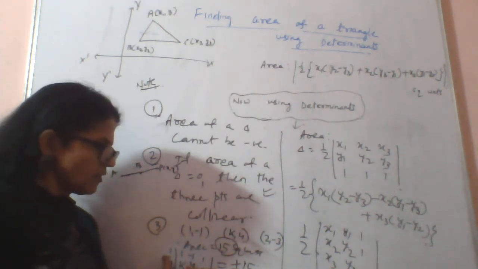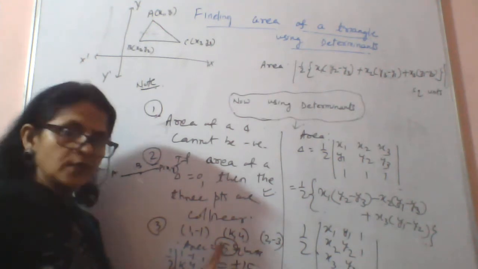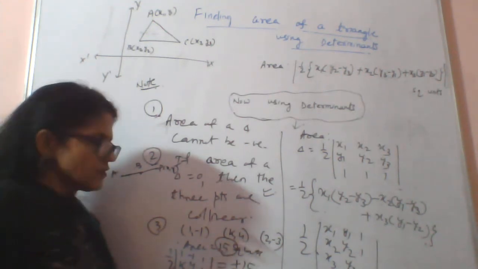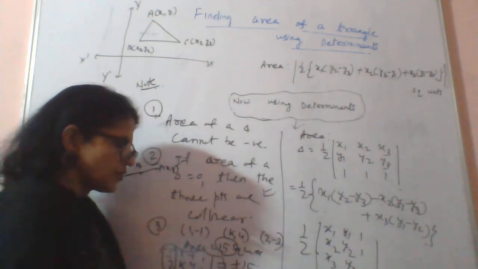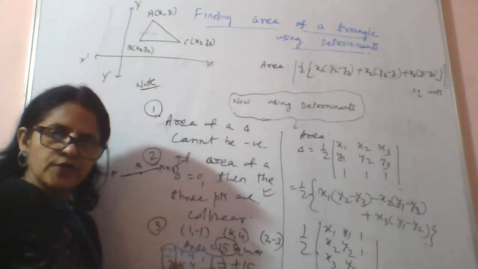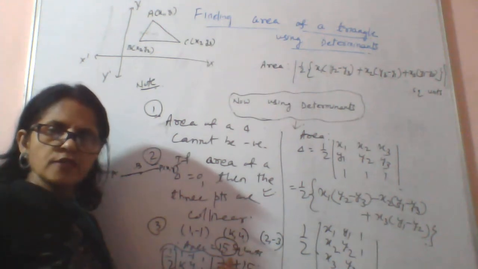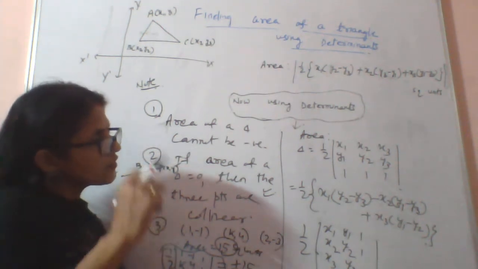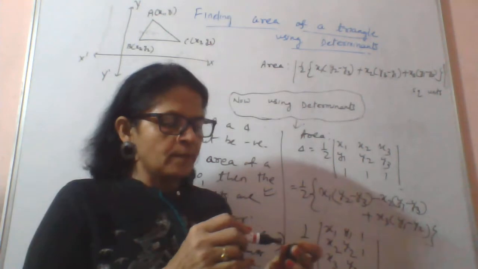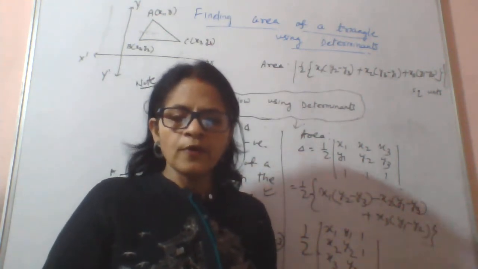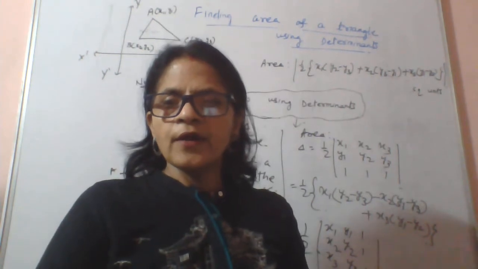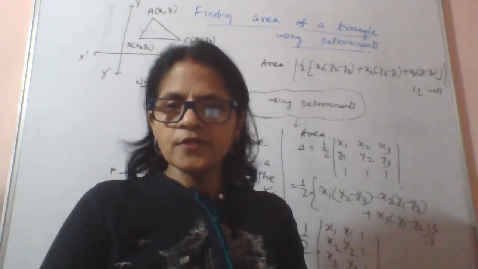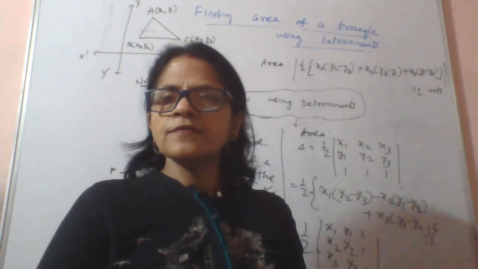In case this determinant value is plus 15, then also we take 15. So going back to the determinant, half of the value of the determinant will be taken as plus minus 15. So these are some of the things you can keep in mind before solving the 4.3 exercise. Okay, and now we are ready to solve some questions based on this concept.